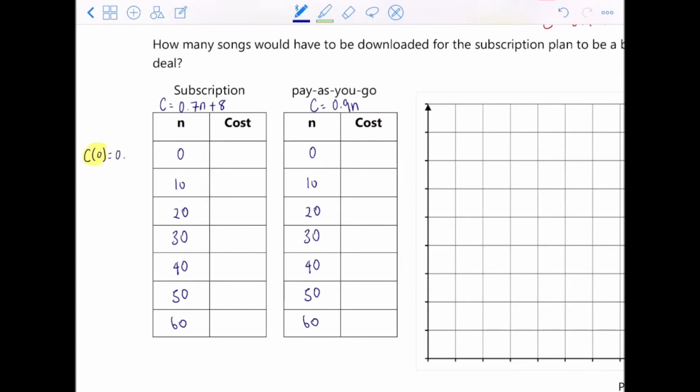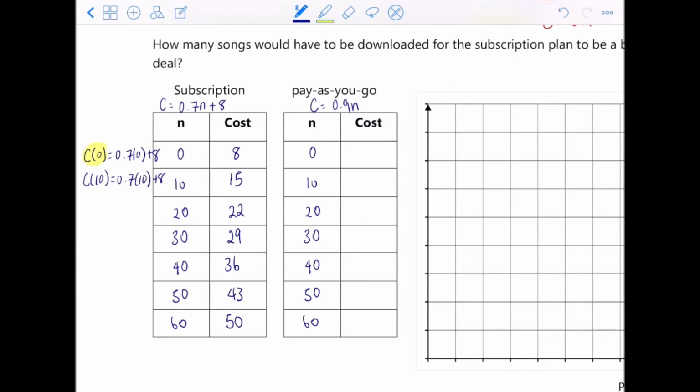So 0.7 times 0 plus 8 is just 8. And you do 10 here. N equals 10. 0.7 times 10 plus 8 is 15, and so on. So I'll just fill these in for you so you could do your calculation separately.